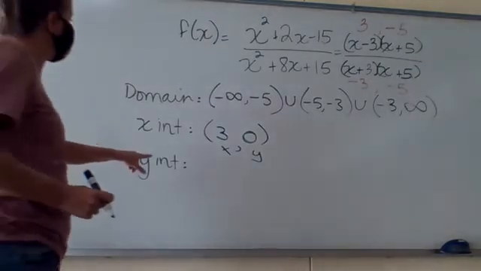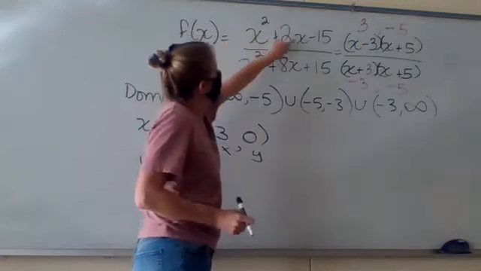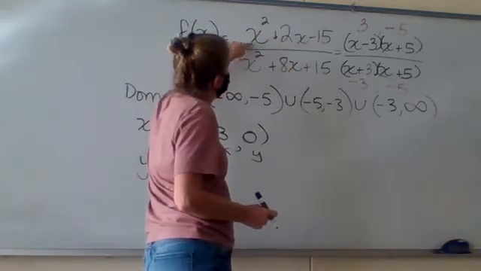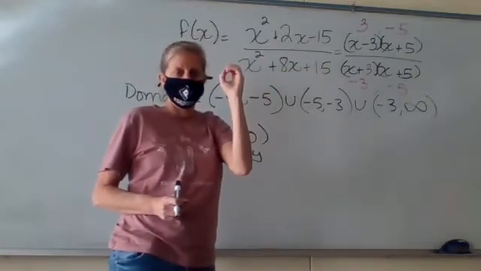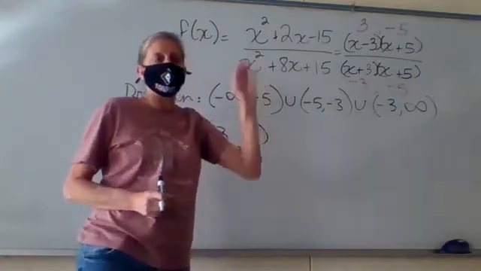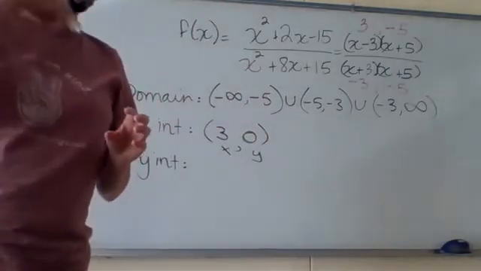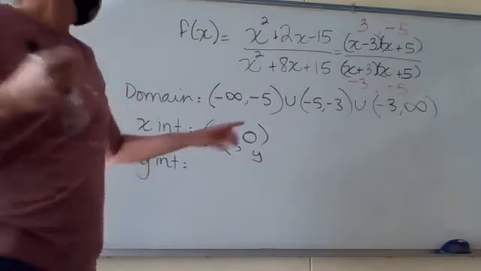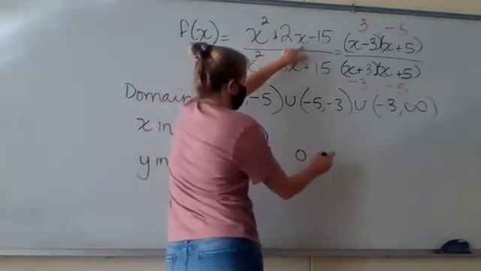Now, how do we find the y-intercept? The y-intercept comes in when you replace all the x's in the function with zeros. Your y-intercept is going to be what's left over after you replace all the x's with zeros. So let's see. This would turn to 0. 2 times 0 is 0.